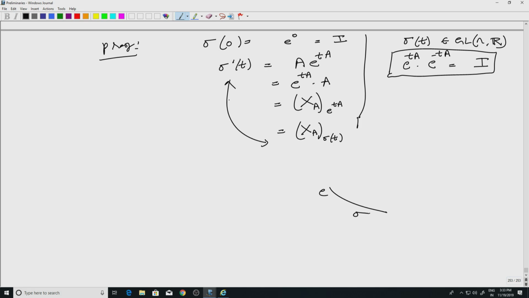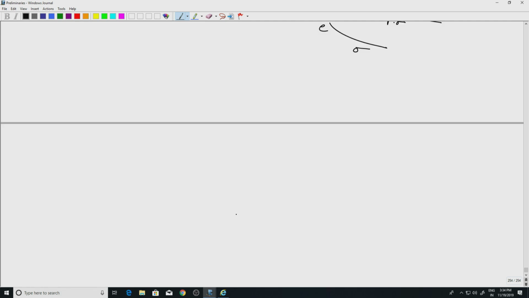If I have an integral curve starting at identity, and I want an integral curve starting at any point P, all I have to do is multiply this integral curve by the group element P, and that will give me the integral curve starting at P. Okay, so that concludes my description of the various objects that we have been talking about, in the specific case of GLnR and its subgroups.